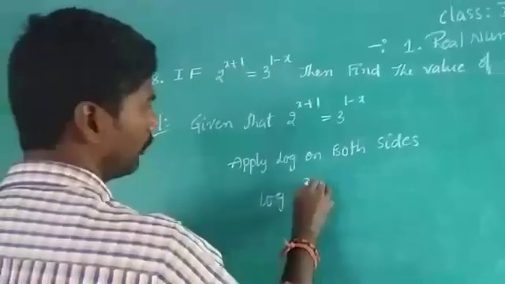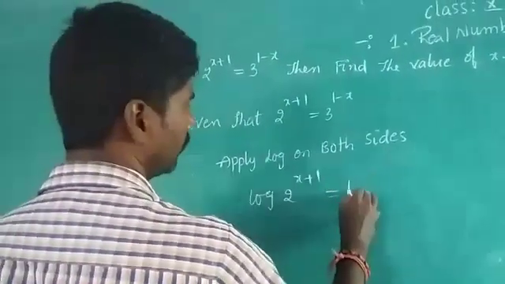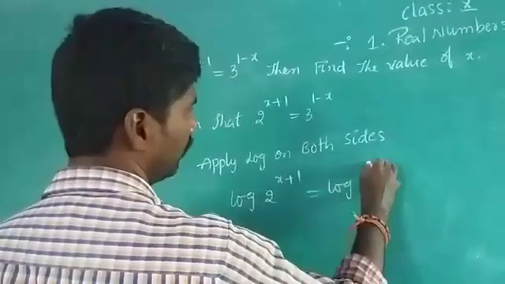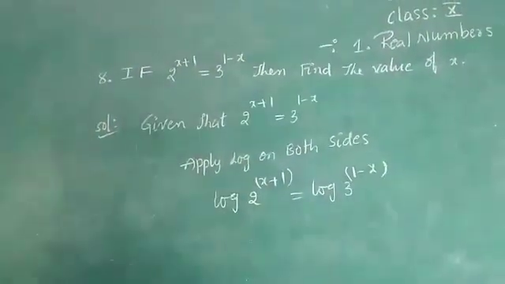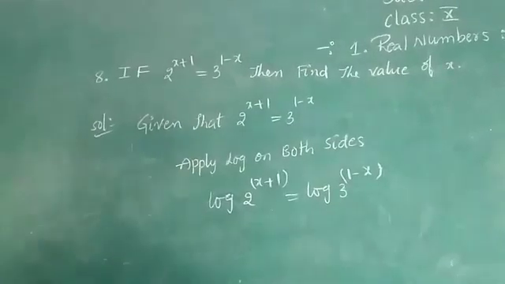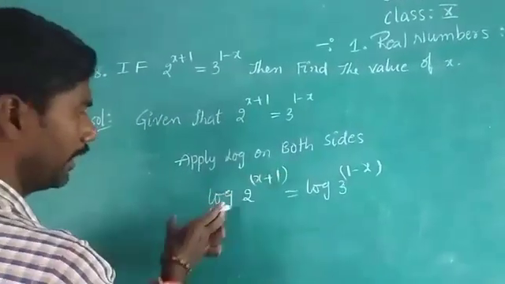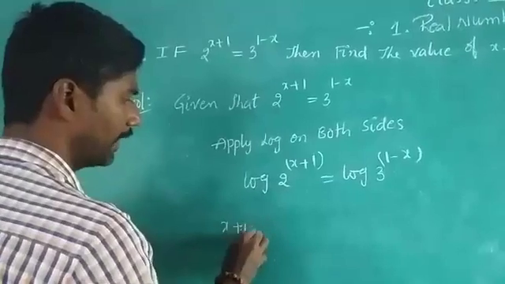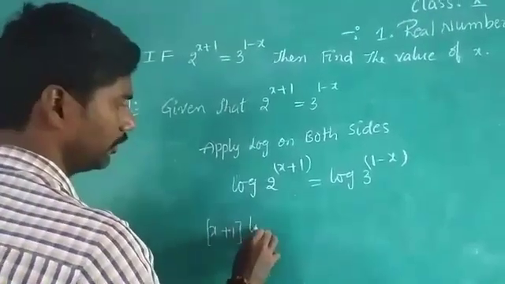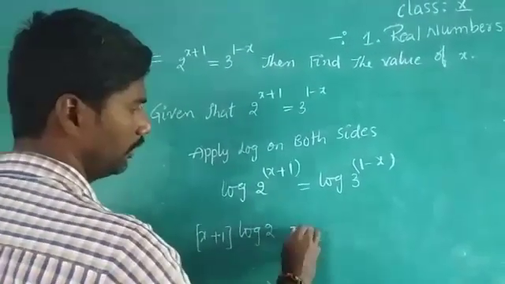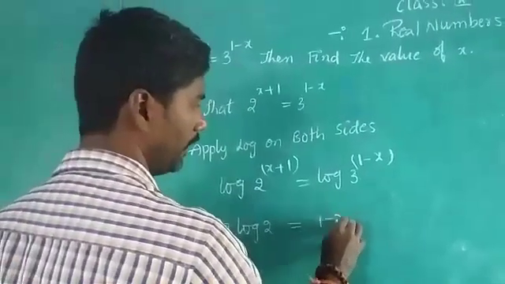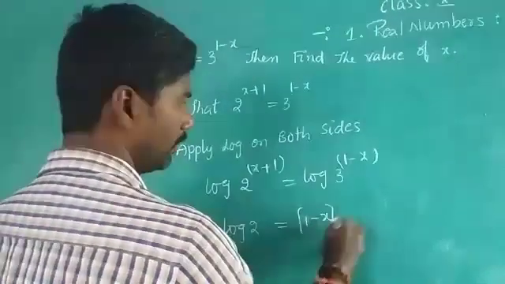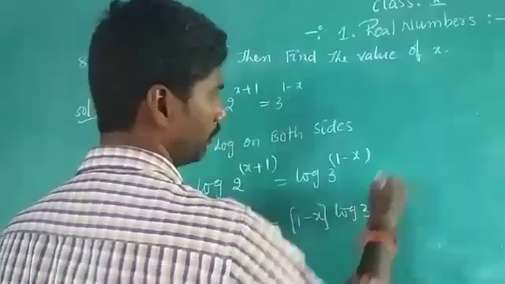Log 2 to the power of x plus 1 is equal to log 3 to the power of 1 minus x. The power rule, right? See, we have the power rule. According to the power rule, what you will write here is x plus 1 into log 2 is equal to 1 minus x into log 3.